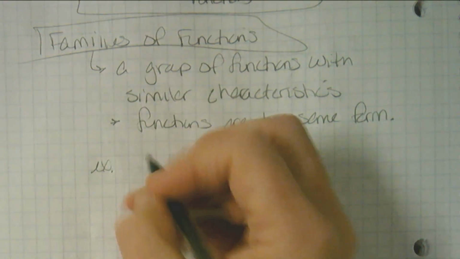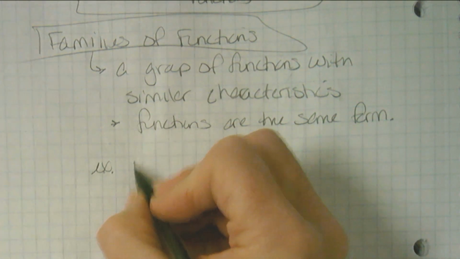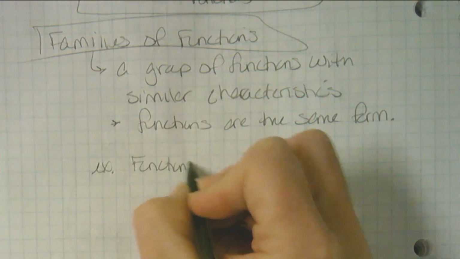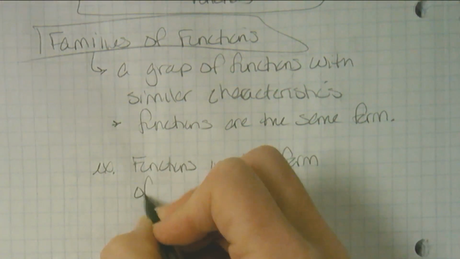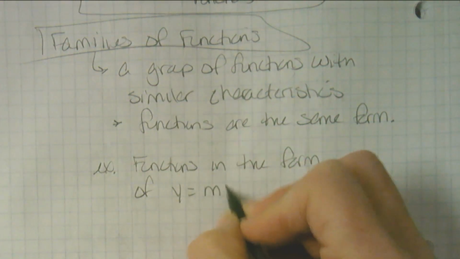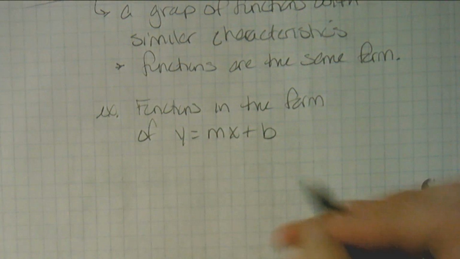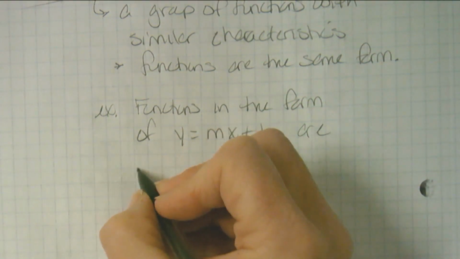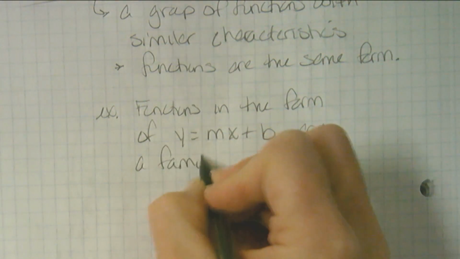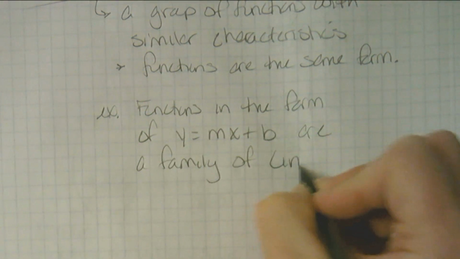For example, functions in the form of y equals mx plus b. These are a family of linear functions.